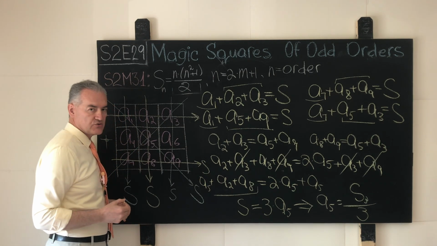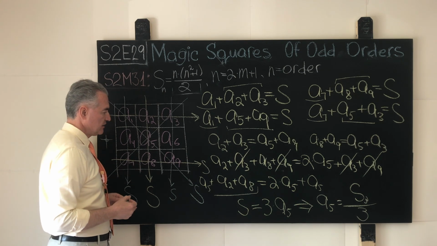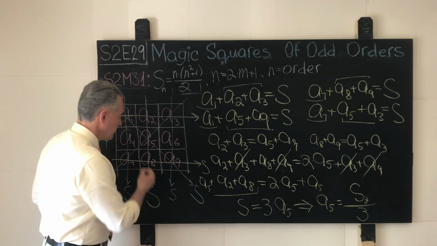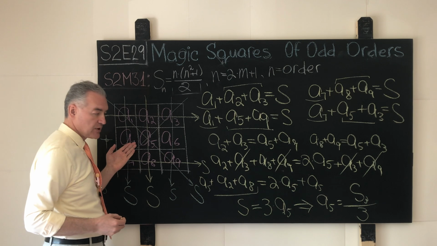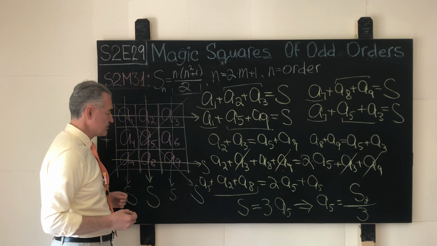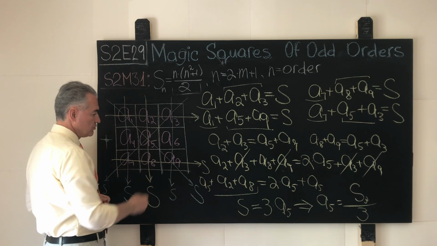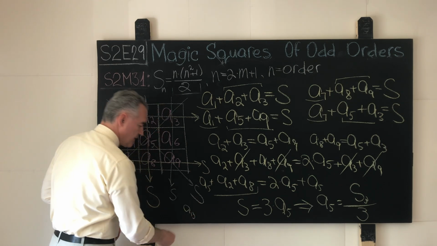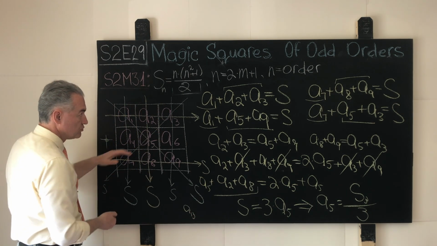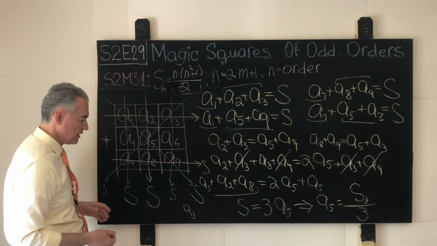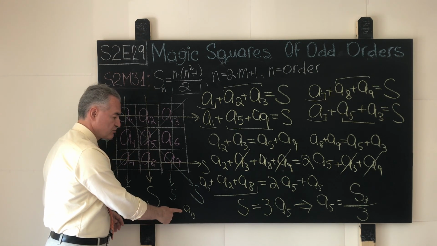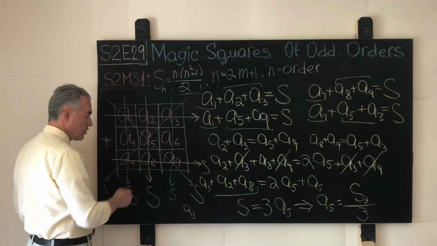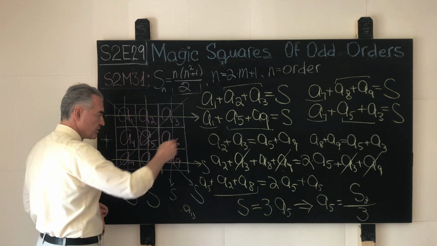And in like fashion, you can try your hand at showing that this idea holds true, for example, for a 5 by 5 magic square. If you number the entries in the 5 by 5 magic square the same way, you will have the number called a13 in the middle, and if you go through similar manipulations, you will have 4 copies eventually of a13 on one side, and almost all the numbers that sit along the central column or the central row.